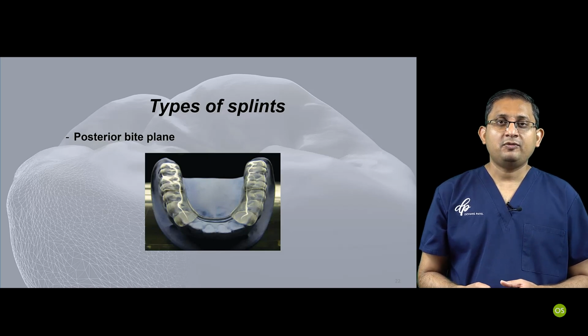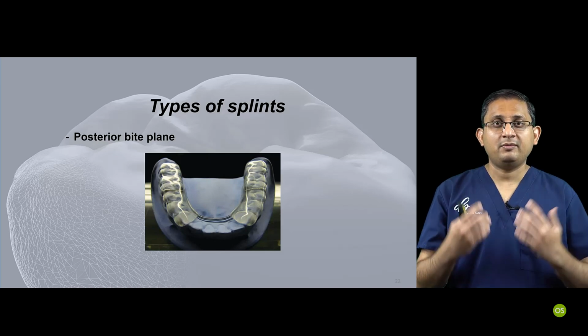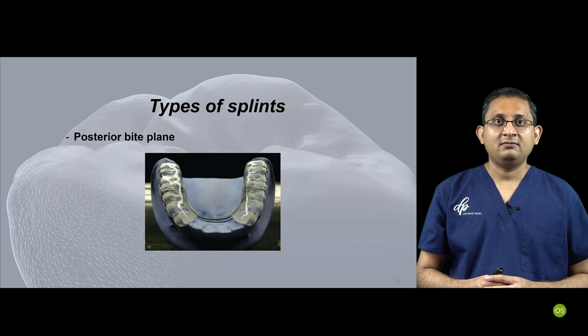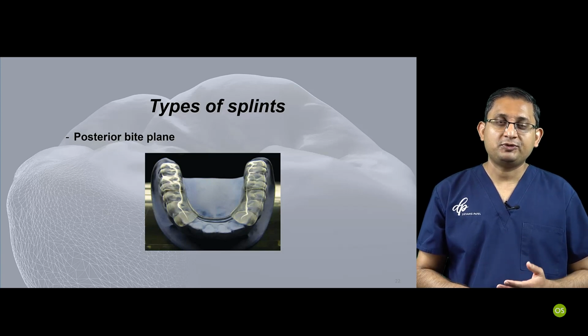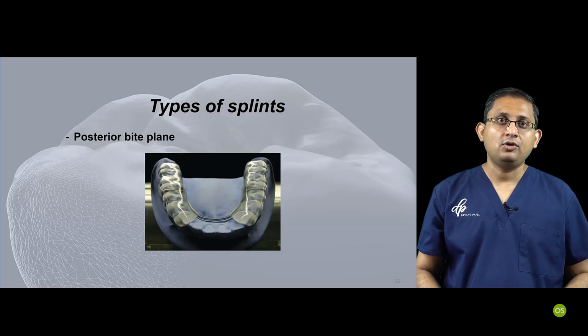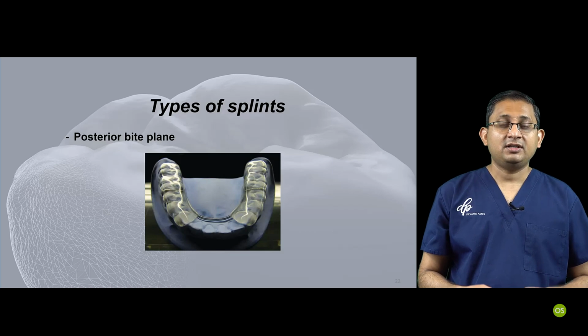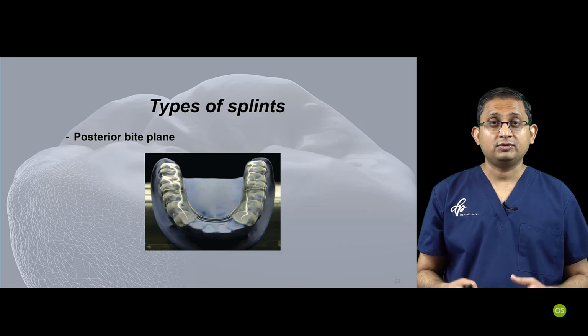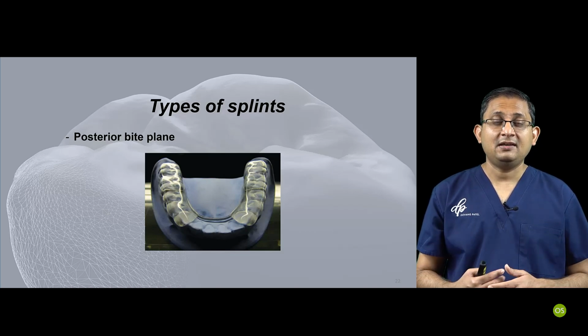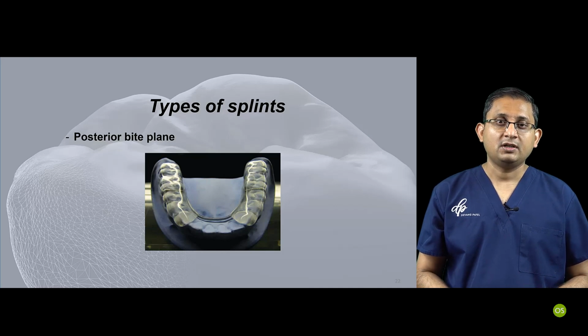These types of appliances with posterior bite raising have been associated with better sports performance and better physical performance. However, there is no evidence whatsoever to suggest that they do that. However, they do cause posterior intrusion if worn prolonged.